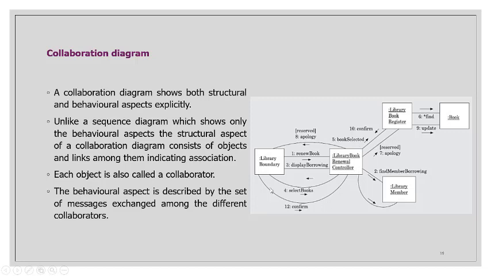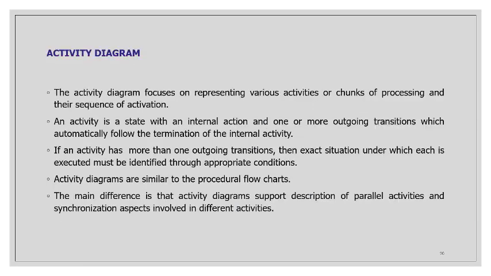At last this confirmation is also sent to the library member. So this is the collaboration diagram: how each and every object collaborates with each other, and how they send information, and how this software is going to run.